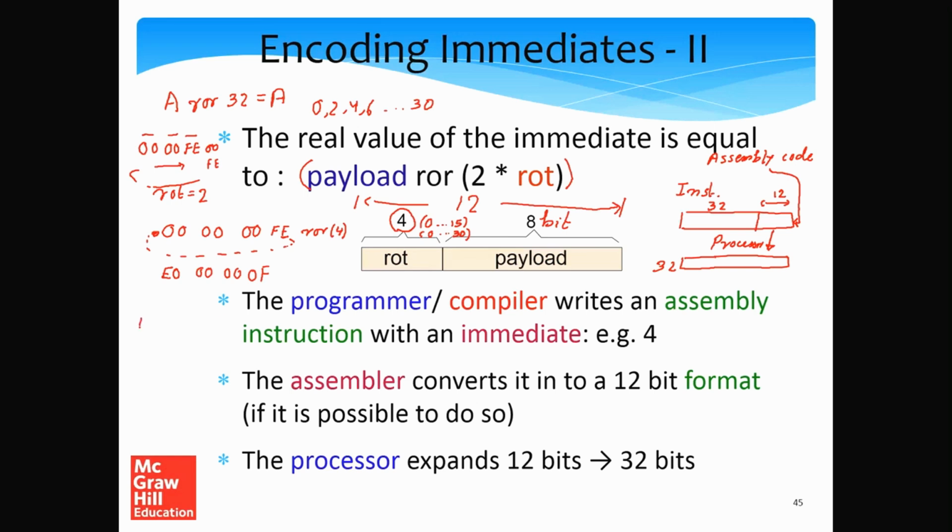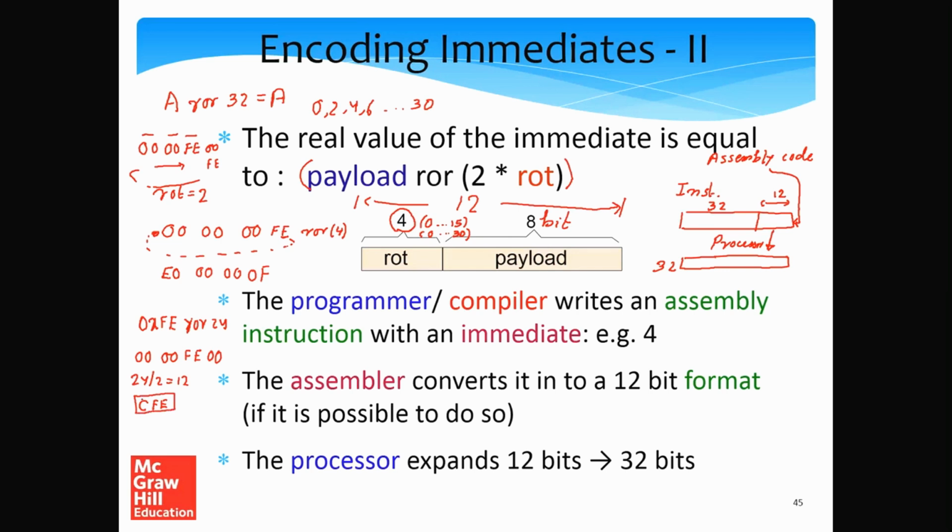So basically, I can consider 0xFE right rotated, ROR 24, is essentially this number over here. So its encoding would basically be, 24 divided by 2 is 12. So its encoding will basically be, the ROT field will be 12, C FE. Right? So this is the encoding of the immediate field.